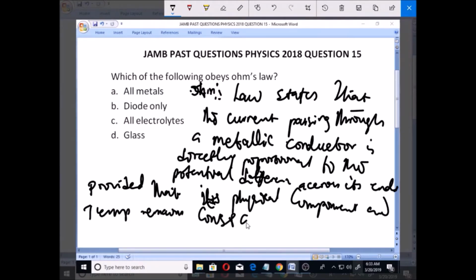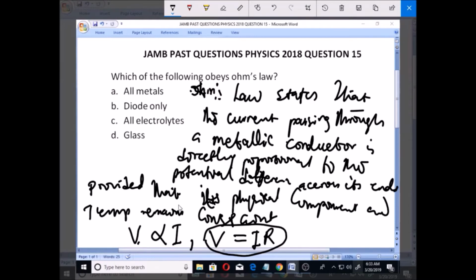So that is the statement of Ohm's law. In equation form, you can say that the potential difference is directly proportional to the current. And when you remove the proportionality sign, you now put equal to, you introduce a constant, and that constant is known as resistance.